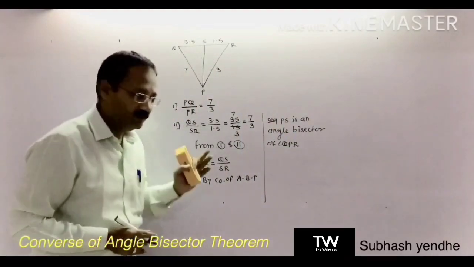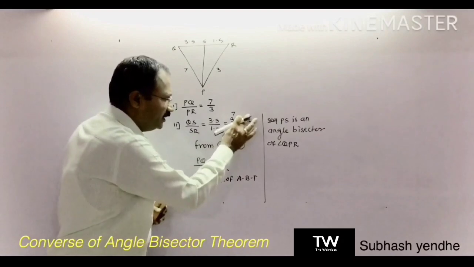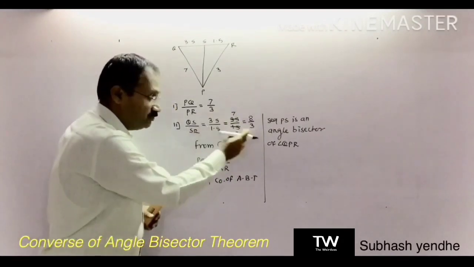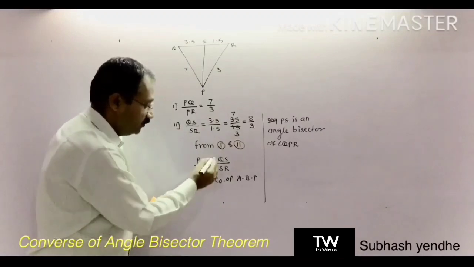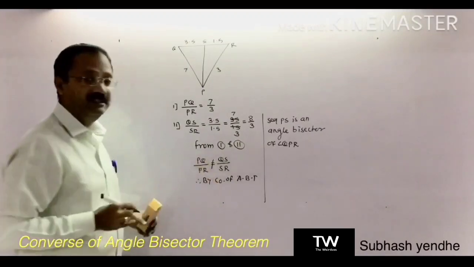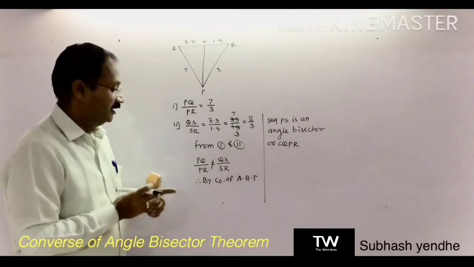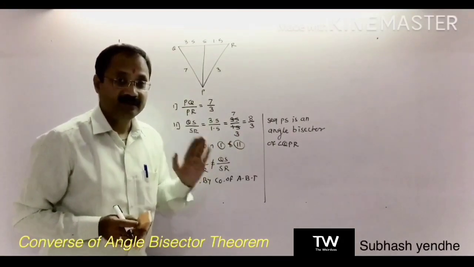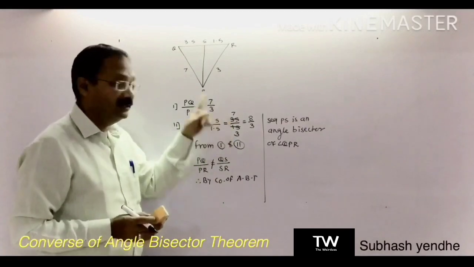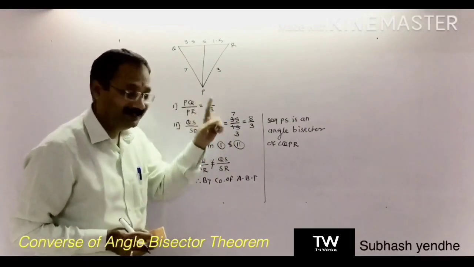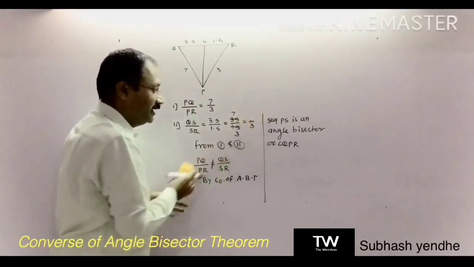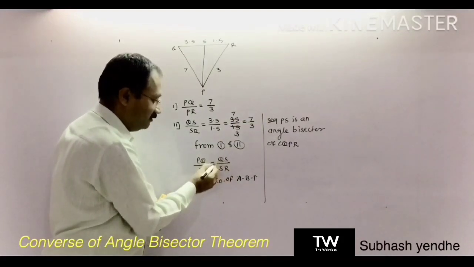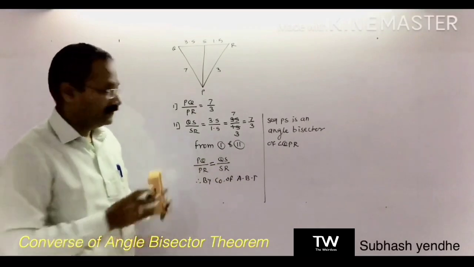But suppose you got the answer 8 upon 3, is this ratio equal? No. Then we have to write that it is not equal, and therefore this is not an angle bisector. If you get a different ratio, it is not; but here we get an equal ratio, therefore this is an angle bisector.